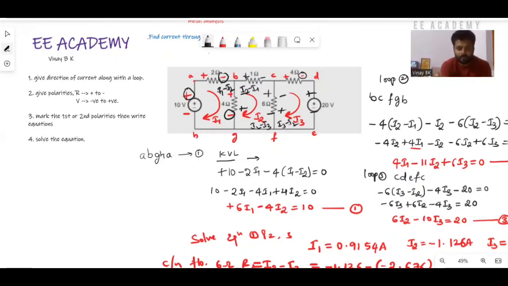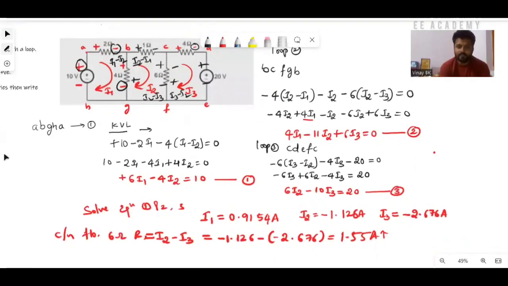Then we'll get some expressions. Once after getting the expressions, you just solve with the help of a calculator. We get these answers. You can also find the current that flows through the 4 ohm.